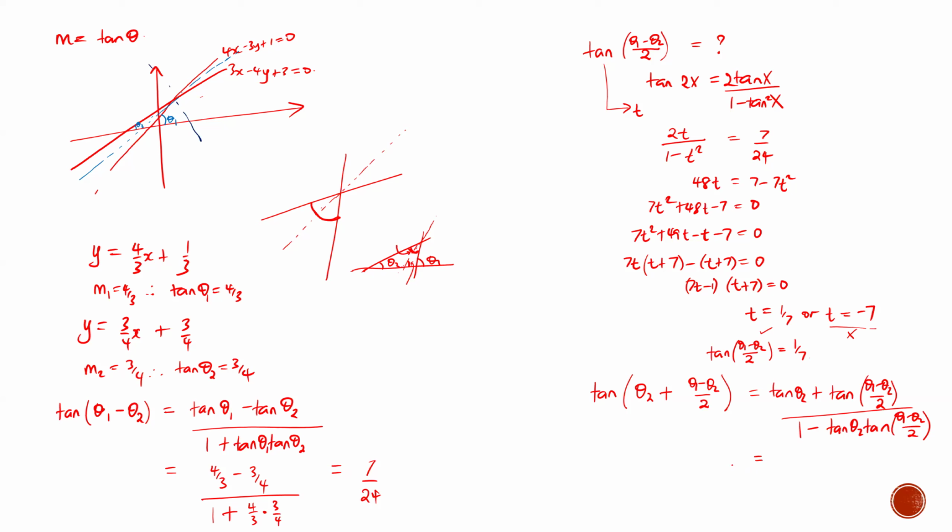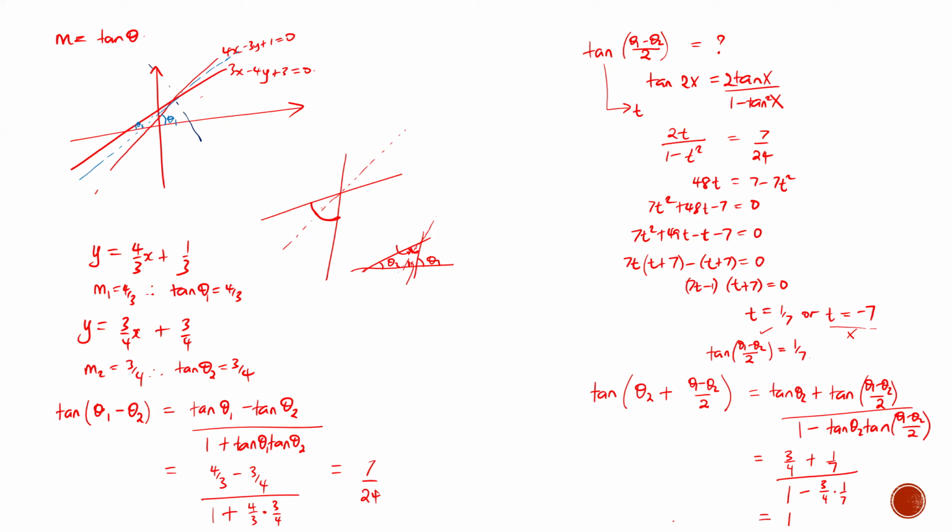Now, the tan of theta 2 was 3 over 4, and then the tan that we just got is 1 over 7. So 3 over 4 plus 1 over 7 out of 1 minus 3 over 4 times 1 over 7. Realize it's going to give us 25 over 28 divided by 25 over 28, which is 1.